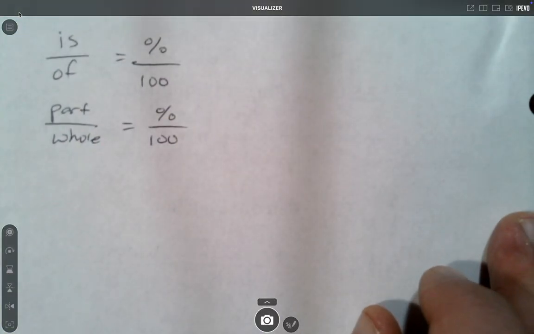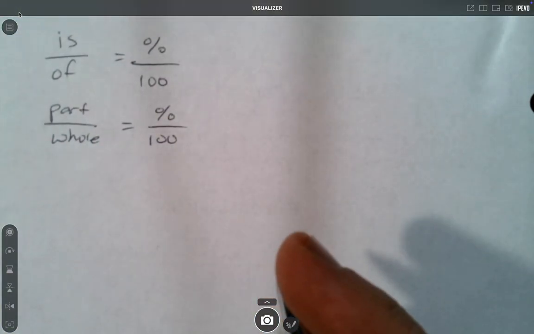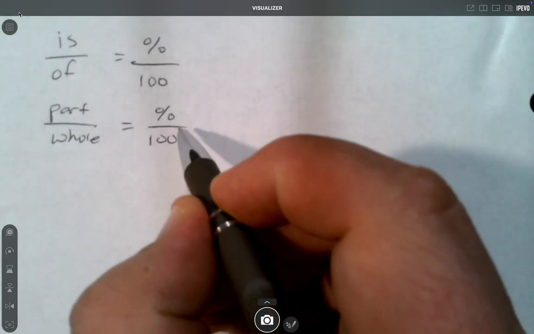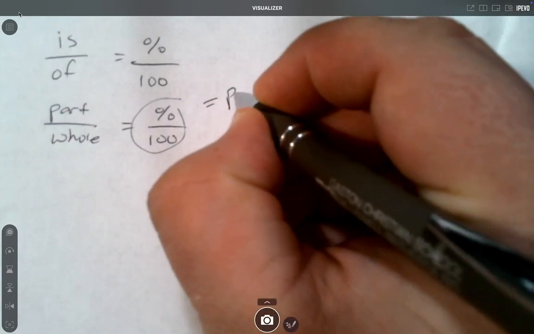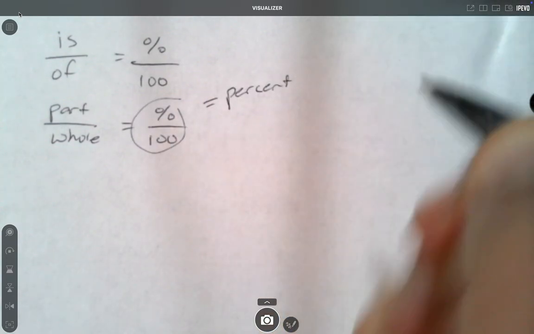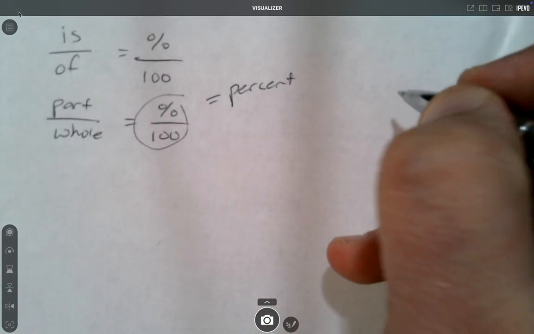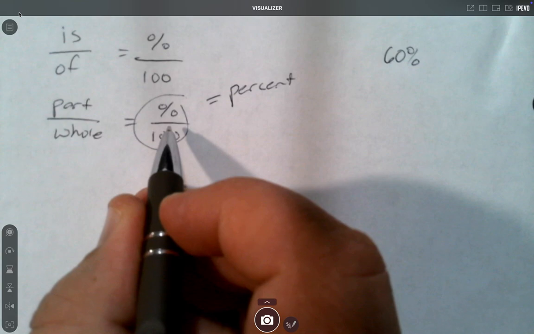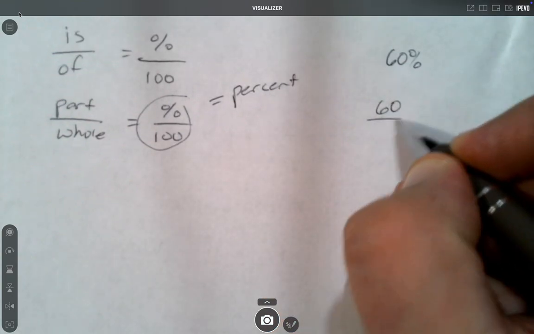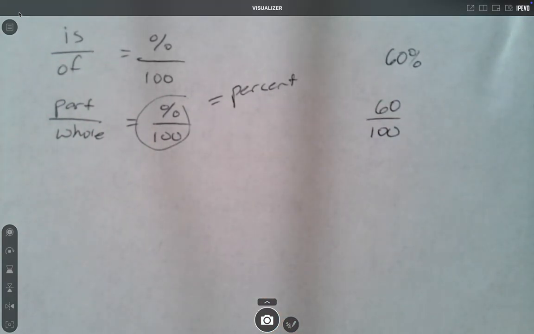Now here's the part I want to make sure makes sense. This right here is actually the same thing as the percent on the front, and here's why. Let's say the problem said it was 60%. Now, in this problem, we would always put 60 over 100.